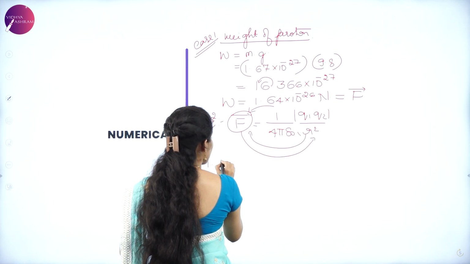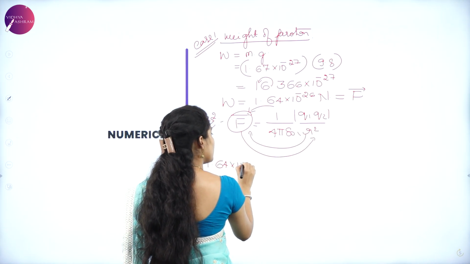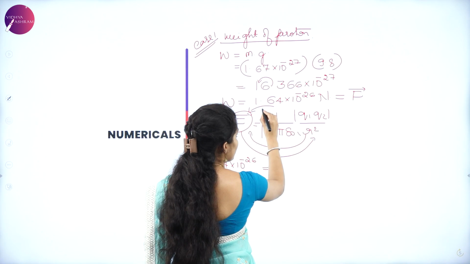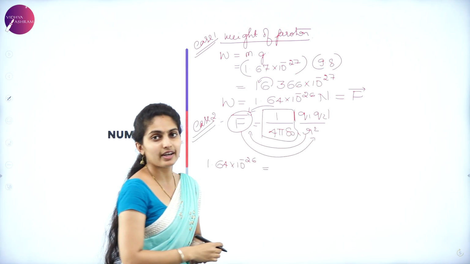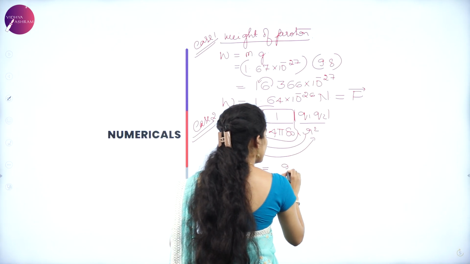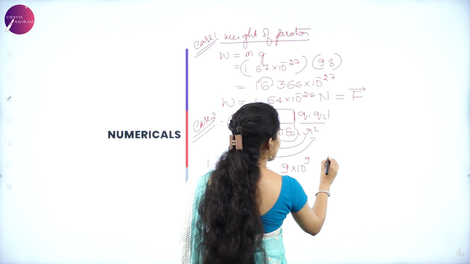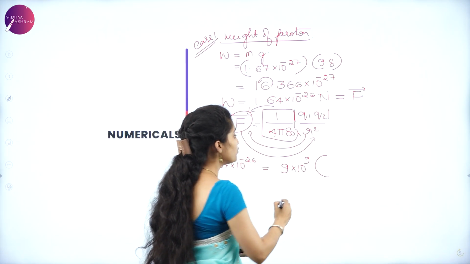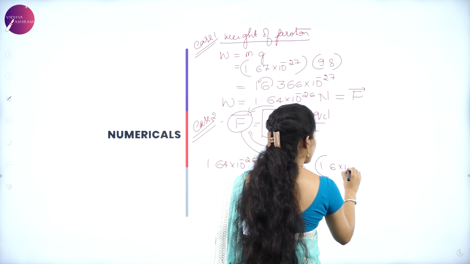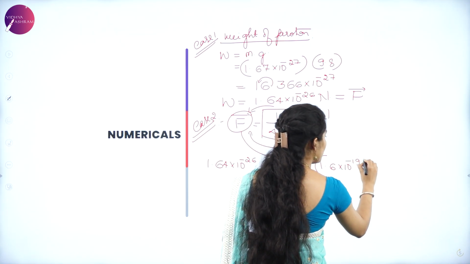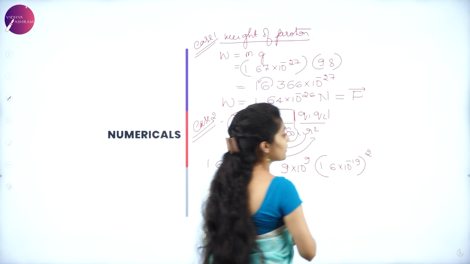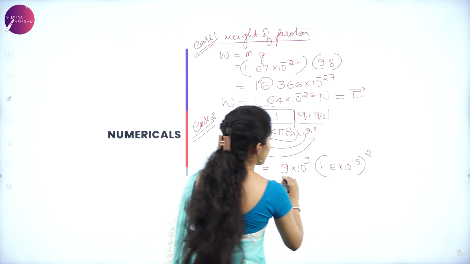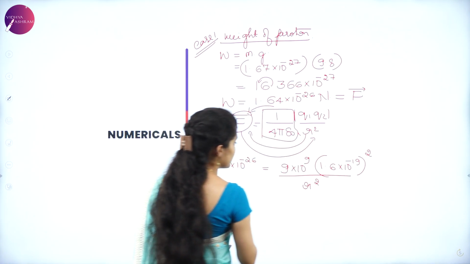So the equation becomes 1.64 × 10^-26 Newton is equal to 1 divided by 4 pi epsilon naught, which is 9 × 10^9, into the two charges. The proton has a charge of 1.6 × 10^-19 into 1.6 × 10^-19, and divided by R square, the unknown term.